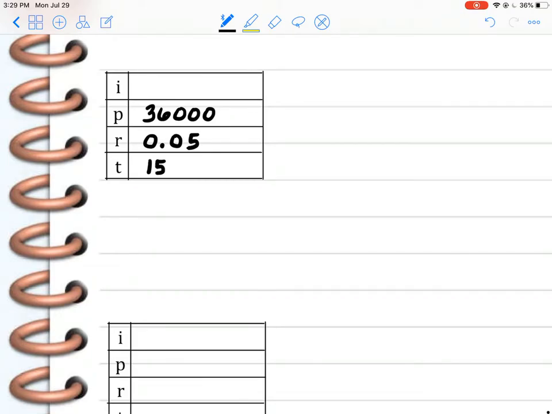So this may be a loan for a house or a car. 15 years is a little bit long for a car, so I'm guessing maybe if you bought a house, especially if you want to flip the house and sell it again for a percent of change. But let's find just the interest.